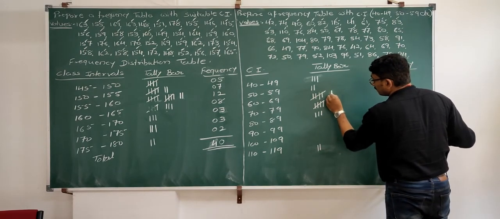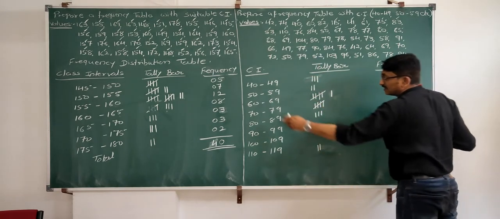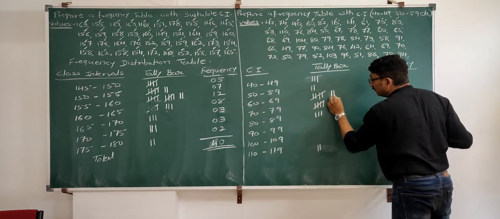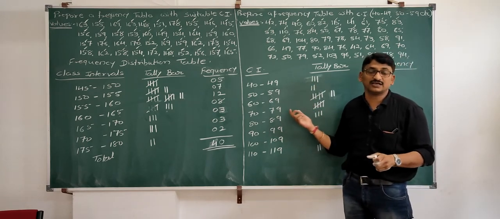Again we have to start. 69 comes under 60 to 69 only because it is inclusive method. Such upper limits we have to include in that particular class only.